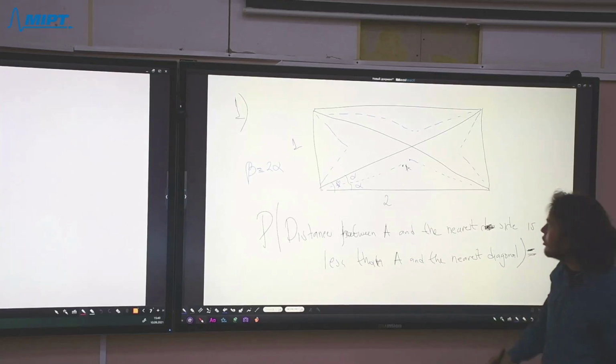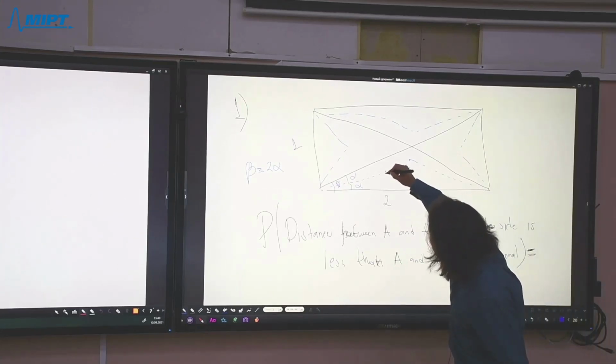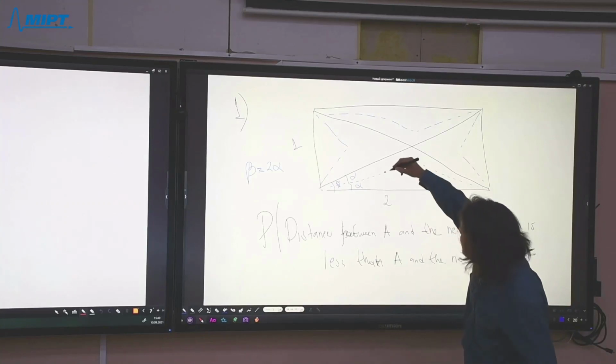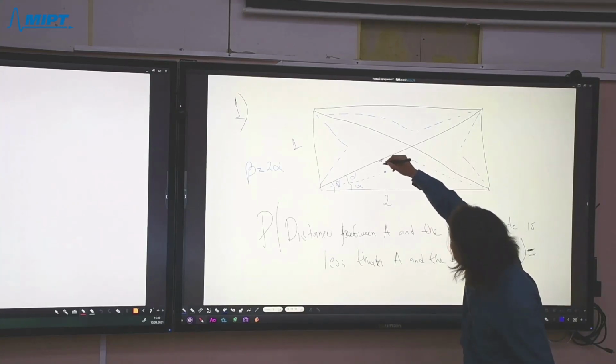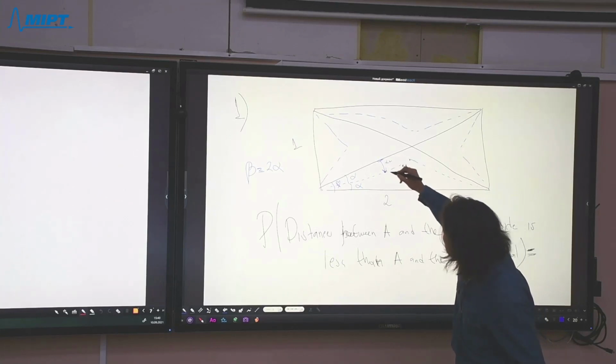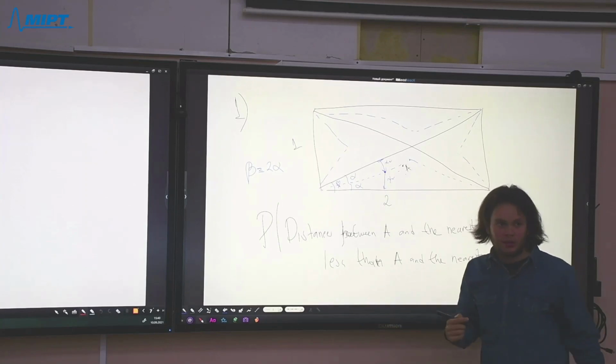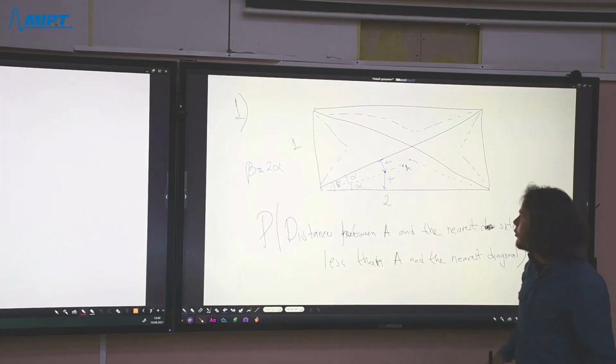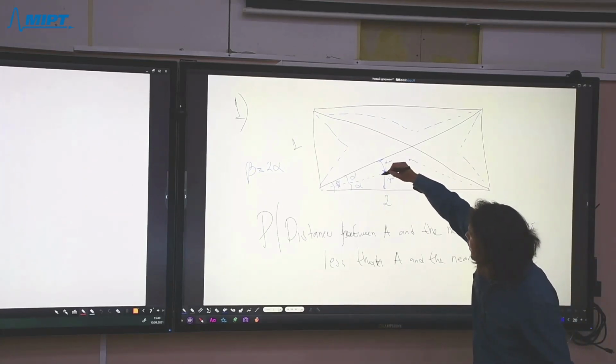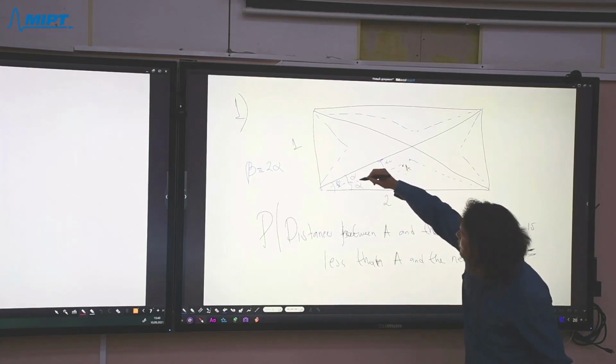Because on this point here, the distance from this line to this point, let's call it x1, and the distance from this point to this side, let's call it x2, is equal, right? This is true for all these points.